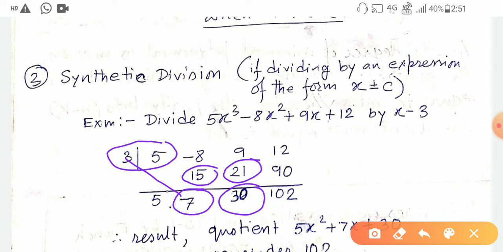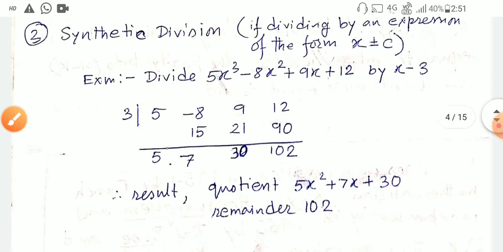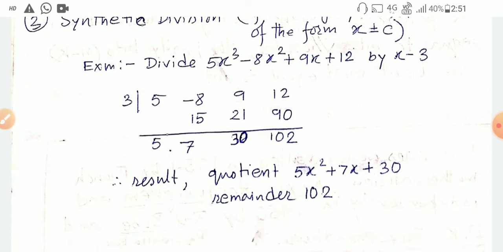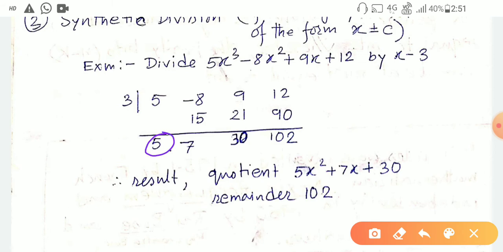Then 30 multiplied by 3 is 90. We again add this to 12, so it will be 102. So the quotient will be 5x square plus 7x plus 30, and the remainder is the last one, 102.